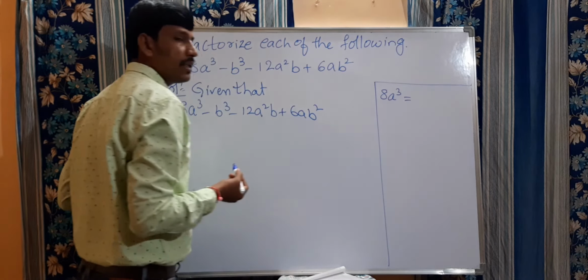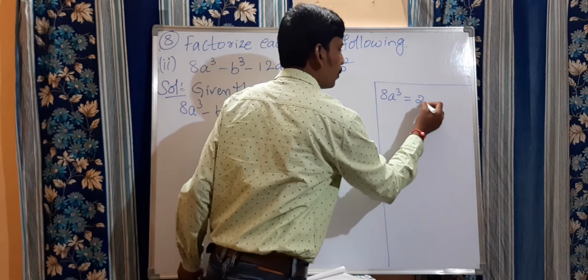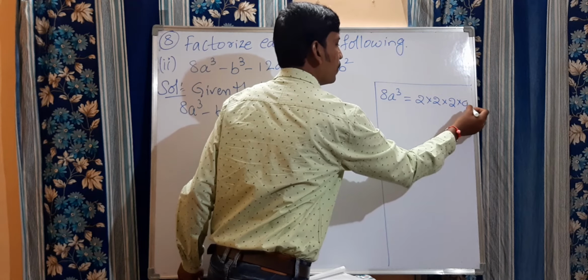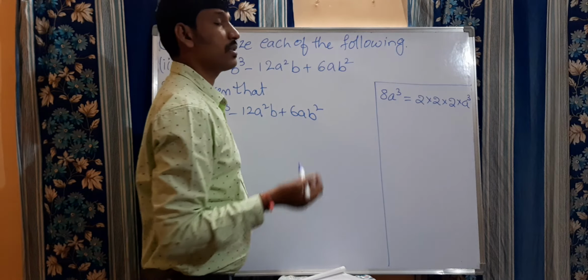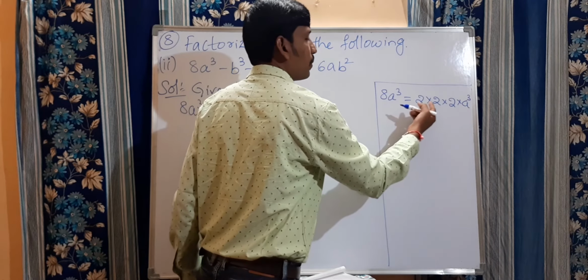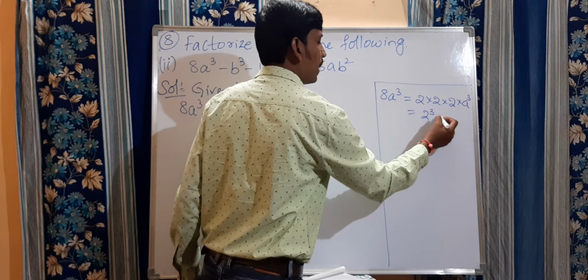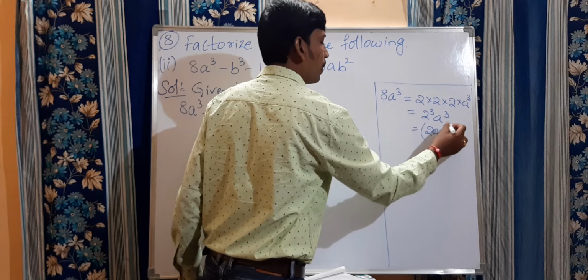8 can be written as 2 into 2 into 2, into a cube. This is 2 cube into a cube, which is equal to 2a whole cube.